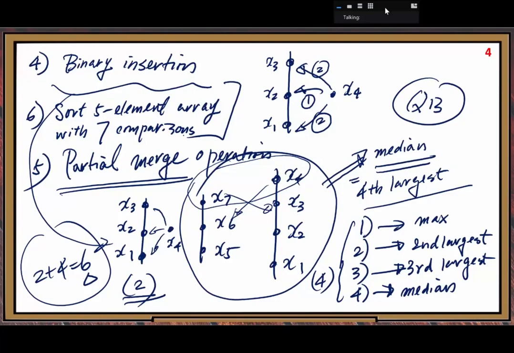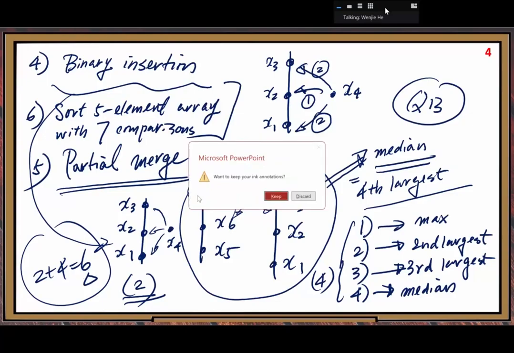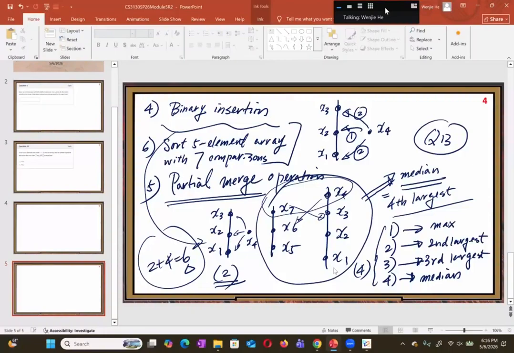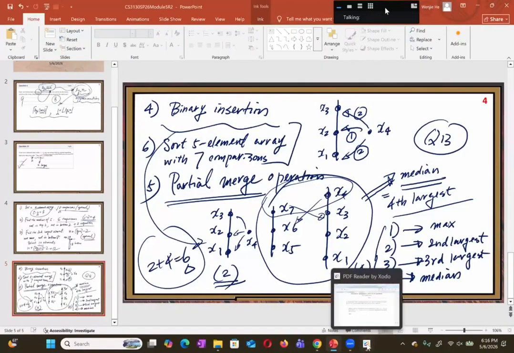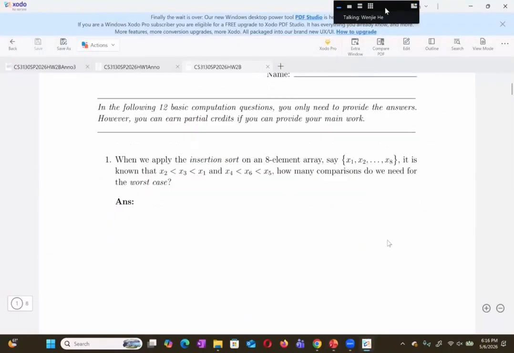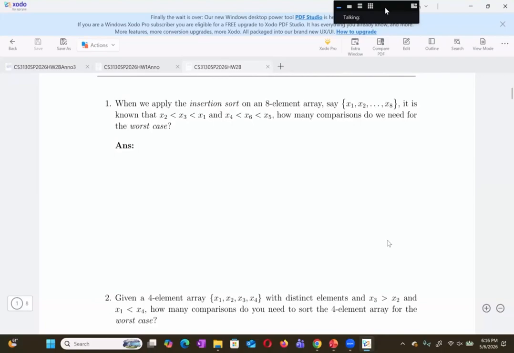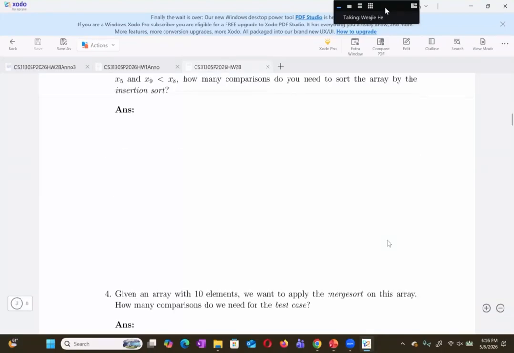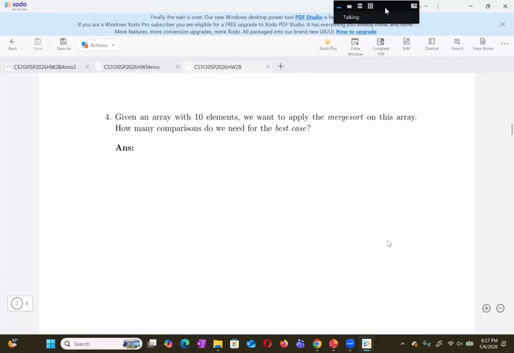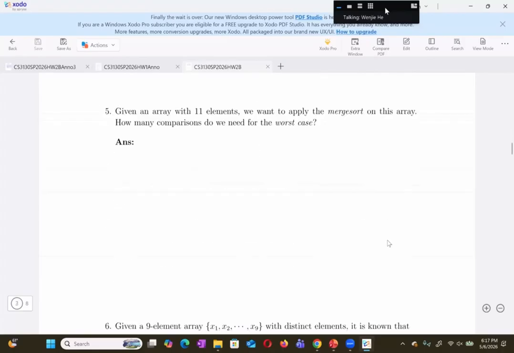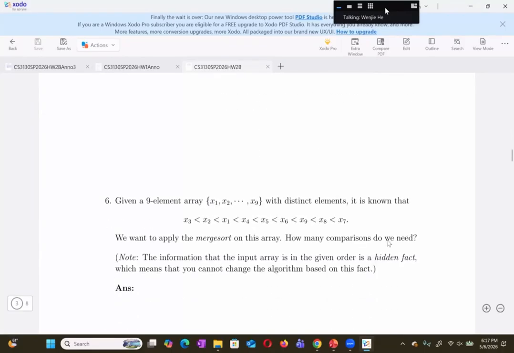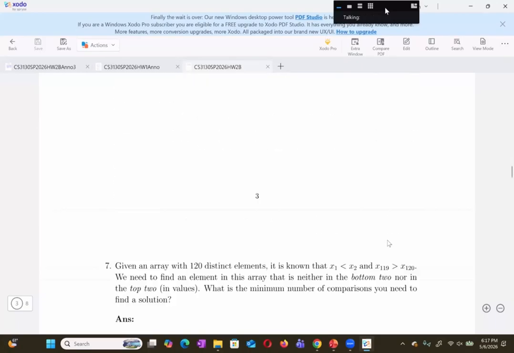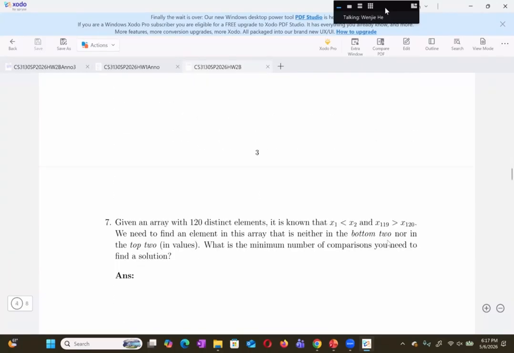Get out of those PowerPoint slides, then go to the PDF. First, I want to look at these two questions. Remember, I talked about greedy algorithm. So when you do it.